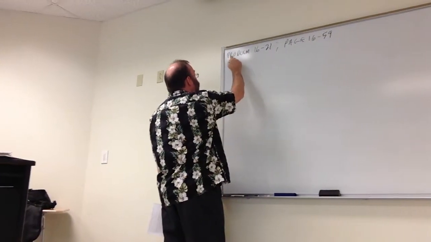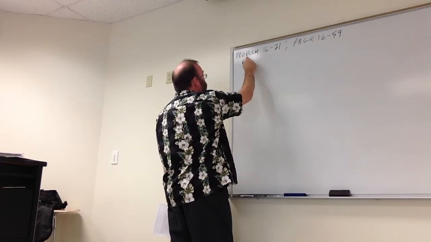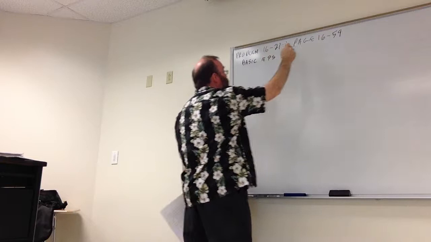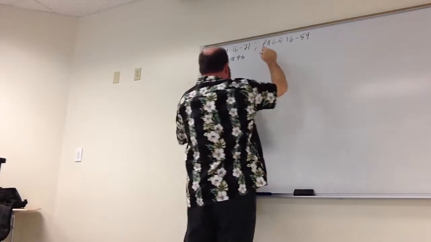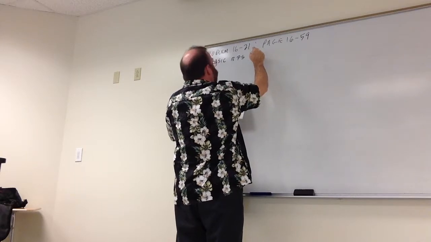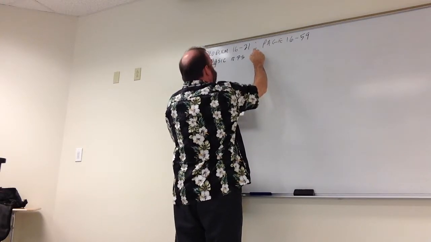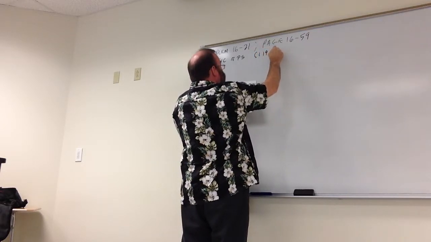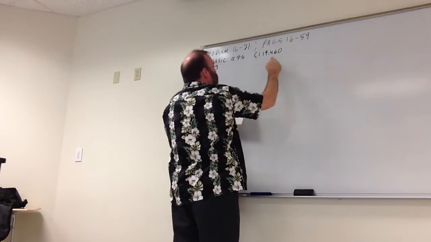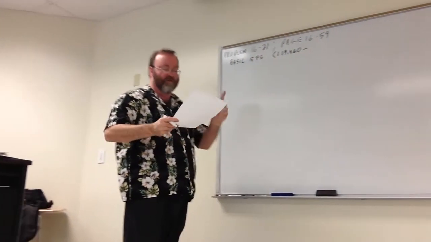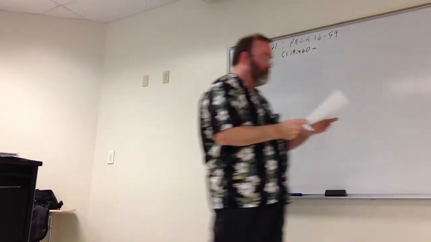So, basic earnings per share is going to be the 119,460, and then we're going to subtract the 2 preferred. So let me go ahead and write those over here.